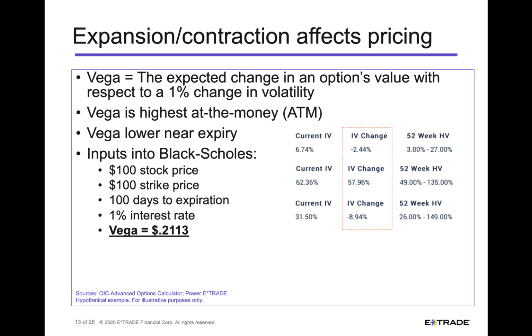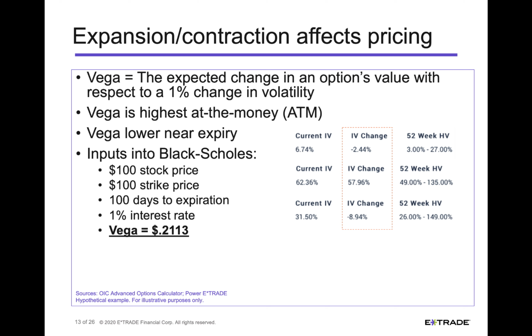If you expect volatility to contract, you would want to sell the at-the-money call and put, as they are most sensitive to the move. Vega is also lower near expiration, so short-term options are less sensitive than longer-term options.